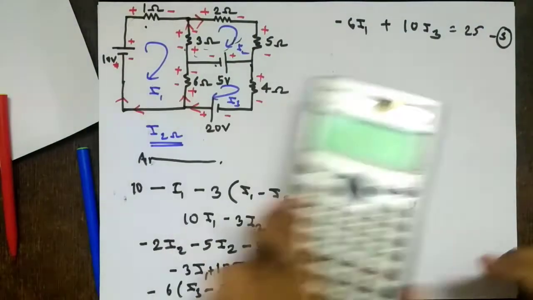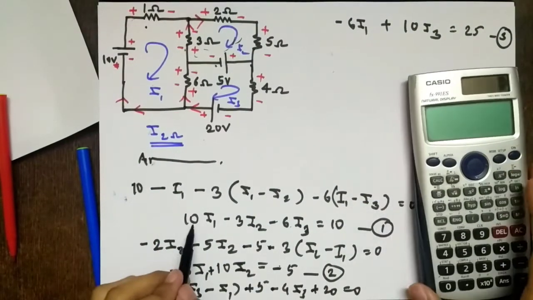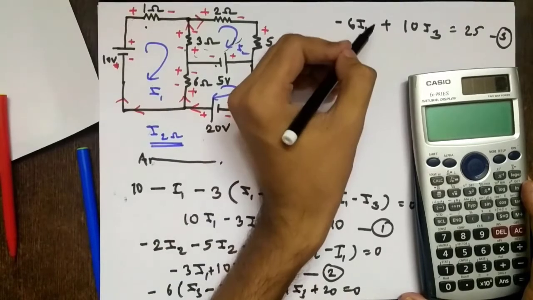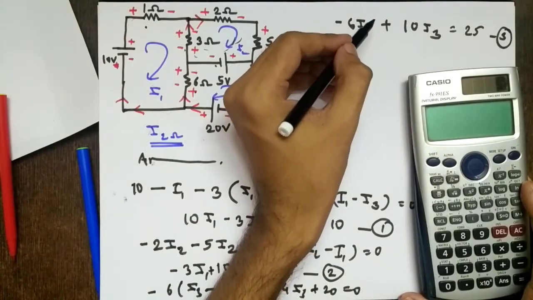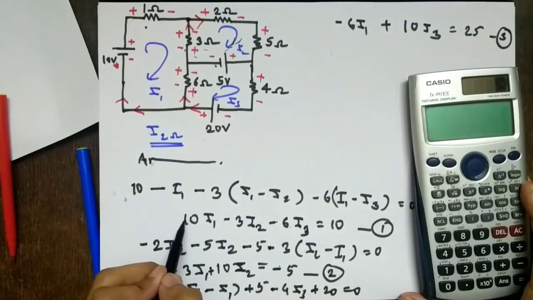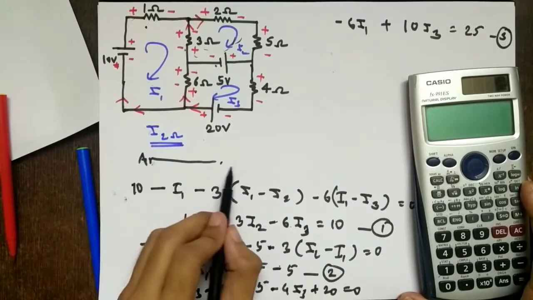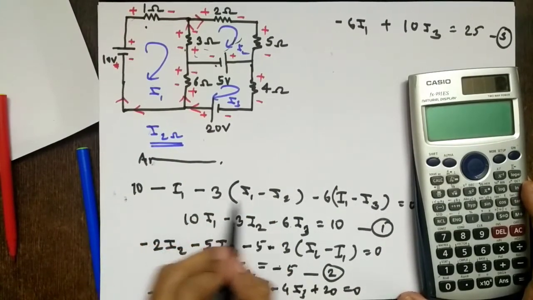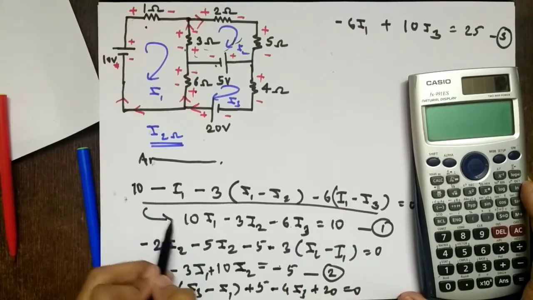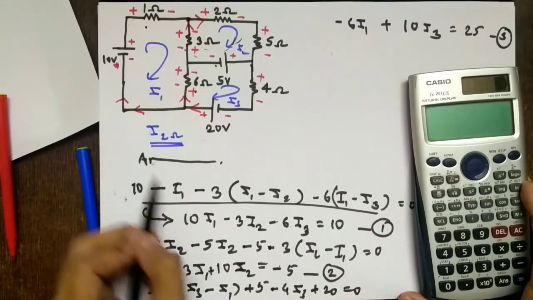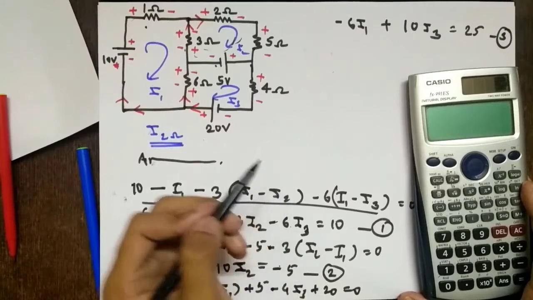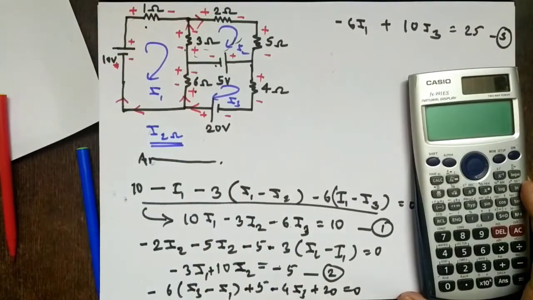Now just solve them. Remember, don't directly write these three equations and come home. What do you have to do? You have to write the steps. Applying KVL to mesh 1. Then show that you know how to apply KVL. Then you can directly write this. If you directly write these three equations and solve using a calculator, you might get only 2 or 3 marks out of 10.